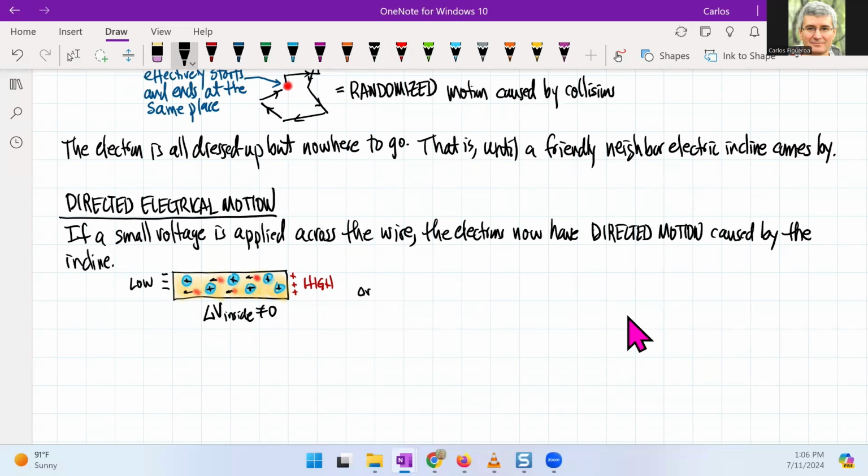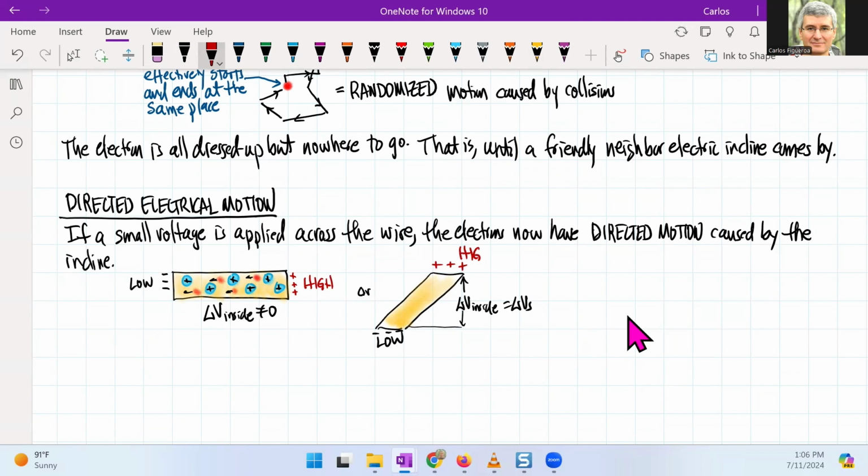But I prefer a different picture. So the picture that I would prefer, I imagine that I have an incline. And this incline has a particular height that's due to the source. So now if I look at these charges, we know that down here is our low. We know that up here is our high.